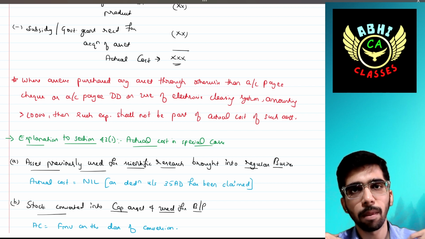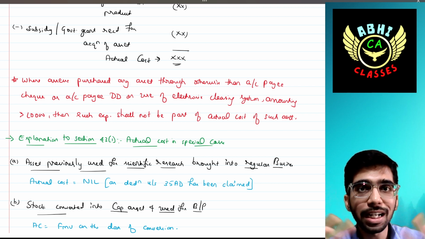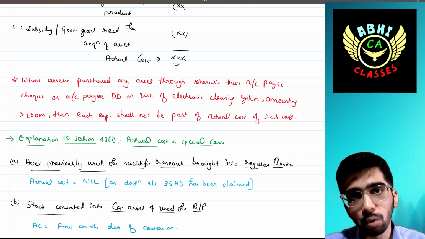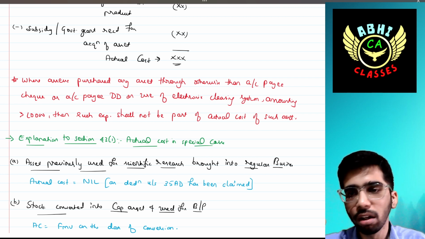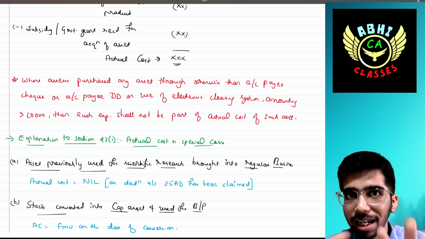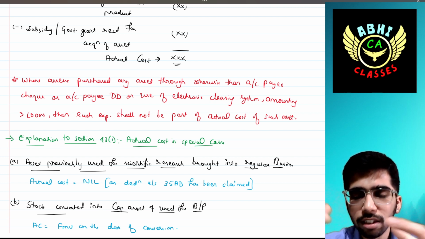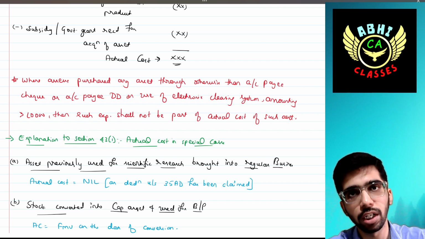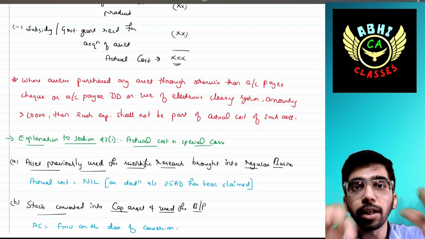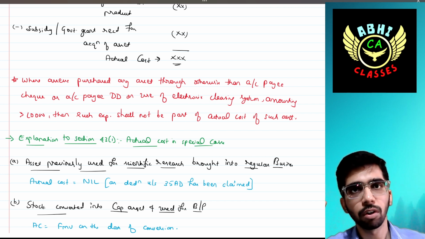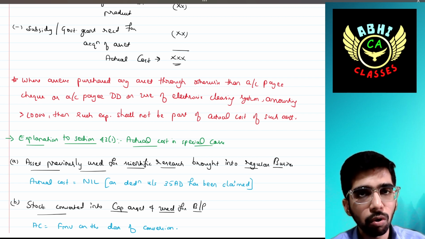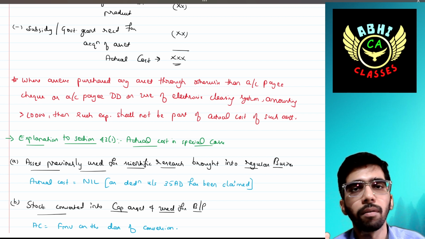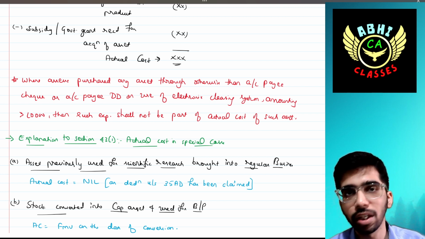If I purchase any plant and machinery costing more than 10,000 not through account payee cheque, account payee DD, or electronic clearing, that is PhonePe, BharatPay, etc., but only through cash, then that portion would not form part of the cost of asset. It should be ignored, and accordingly depreciation would also not be provided on that. This is a very crucial point. This concept has been brought into effect in order to promote non-cash transactions in the country.